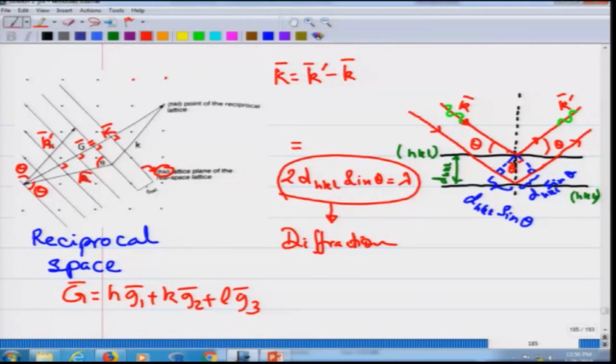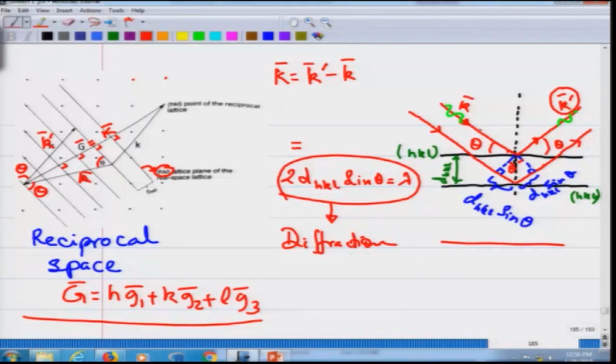So, whereas all of this was done in the reciprocal space, you can also look at this phenomenon in real space, and in real space what you have is these two planes which have Miller's indices h, k and l, with a spacing of d_hkl. The incoming wave has a wave vector k and the outgoing reflected wave has a wave vector k prime.